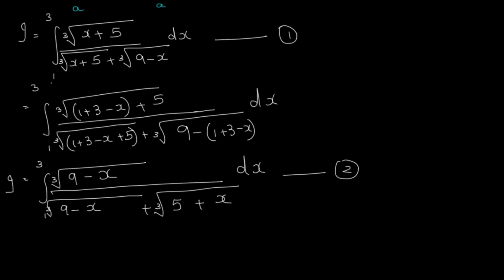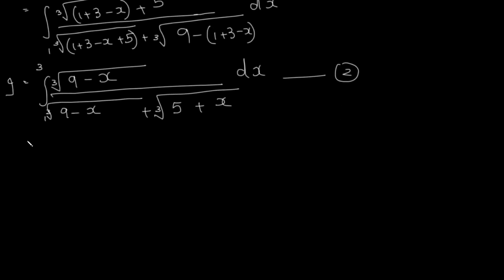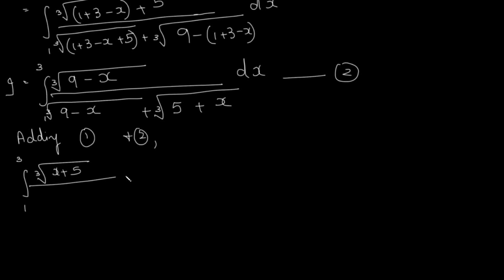Now observe the next step carefully. What we do is, in the next step we add 1 and 2. So adding 1 and 2. Now 1 was our original question actually. So the integral 1 to 3, the cube root of x plus 5 upon the whole thing, whatever question they have given to us.